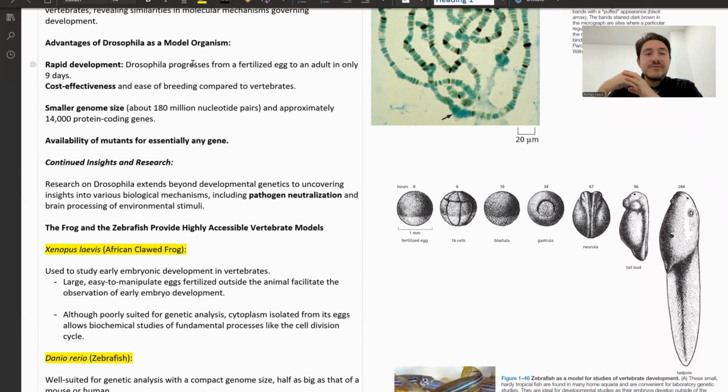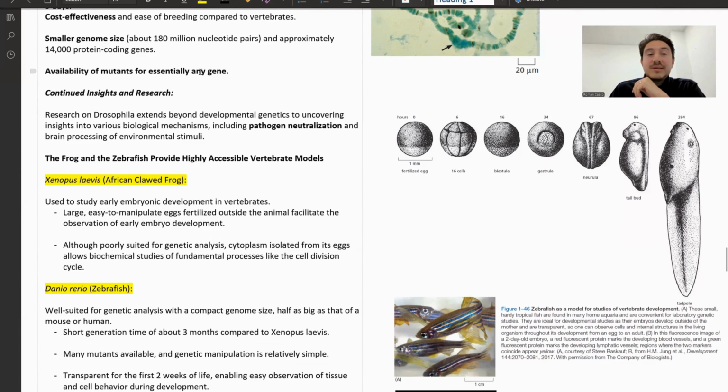Cost effectiveness and ease of breeding compared to vertebrates are incredibly low-cost. A smaller genome size, approximately 14,000 protein coding genes out of a genome of 180 million nucleotide base pairs. And availability of mutants essentially for any gene. This is incredibly important because you have a whole reference genome that you can work with, which scientists have established over a long period of time.